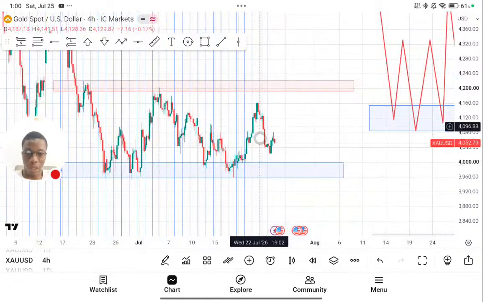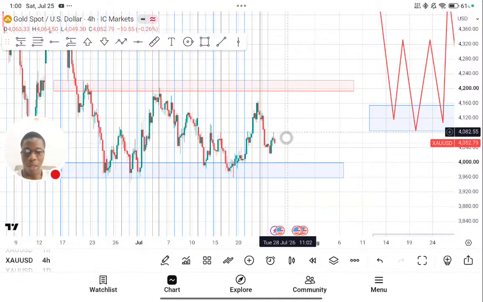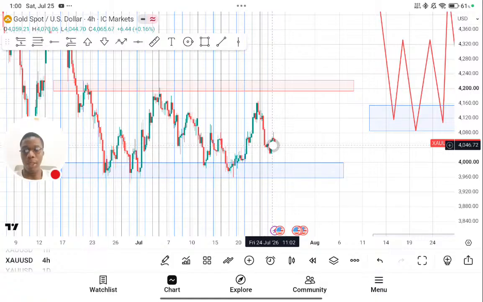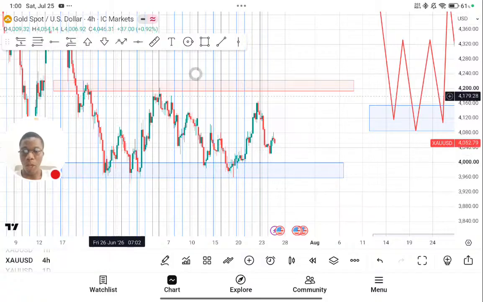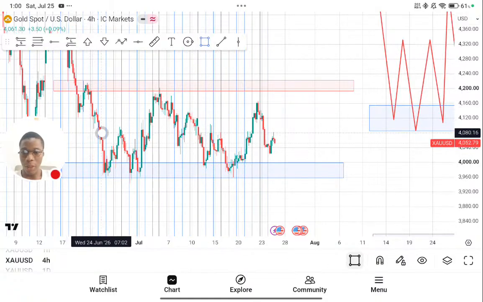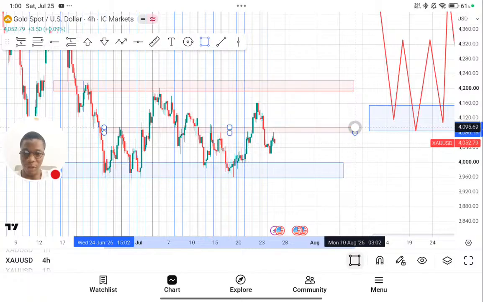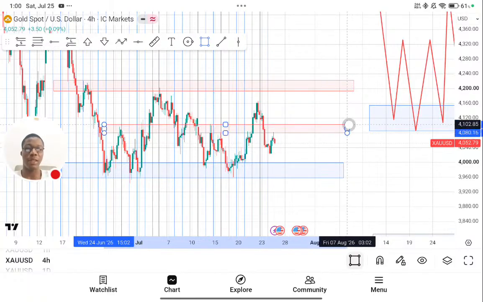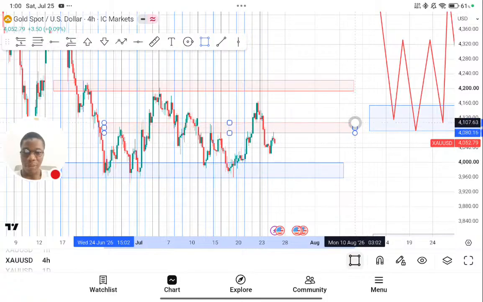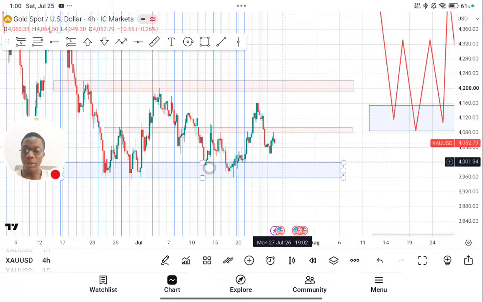If you want to drill lower, look at another example here. This mini resistance has been turned to support, and turned to resistance more than once, more than twice. Look at this zone. Notice what is happening here.